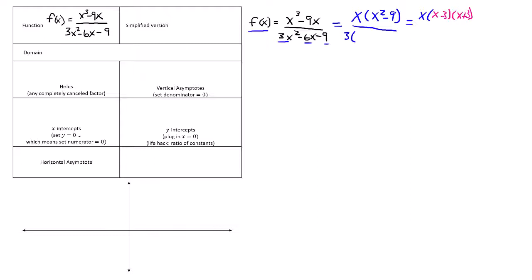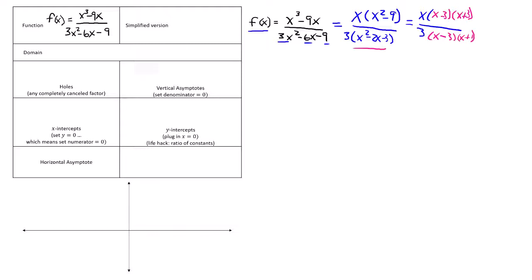So I get a 3 and then an x squared minus 2x minus 3. And that can factor as well, right? So I have a 3 left over, but this x squared minus 2x minus 3 is x minus 3, x plus 1. All right, so we have that.